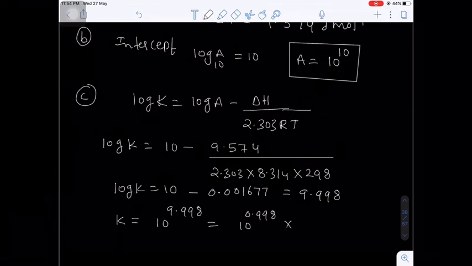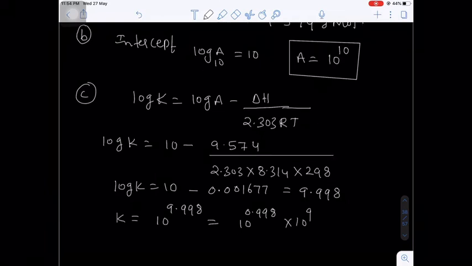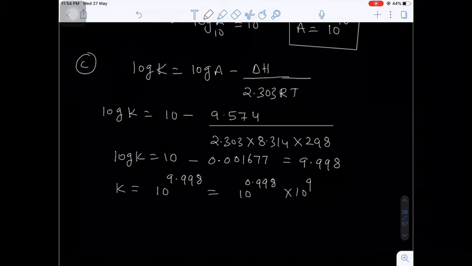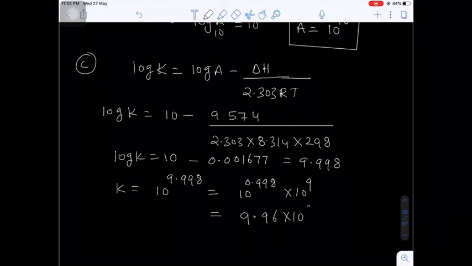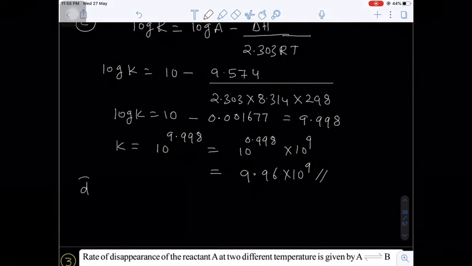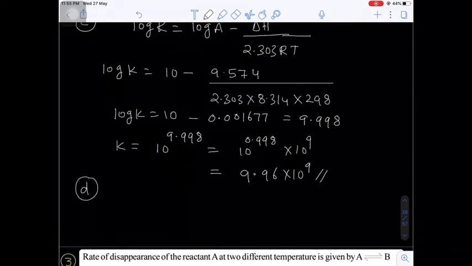This will be 10 raised to 0.998 into 10 raised to 9. The antilog of 0.998 will be approximately 9.96 into 10 raised to 9. This is the third question.